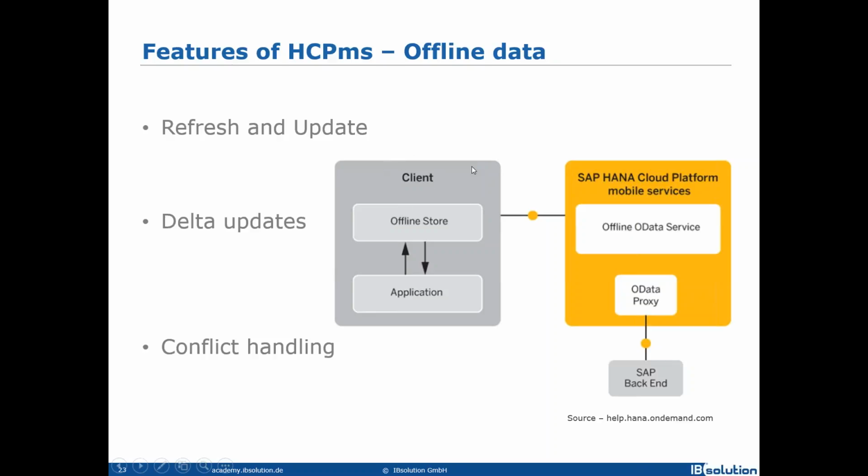Now, how the application will resolve it is really the work of the developer to say, okay, revert them or just push them, so it doesn't matter the conflict. So you can update, you can refresh the data, you can do delta updates, and we can also handle the conflict.